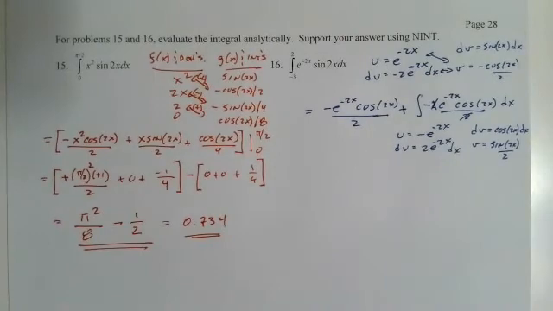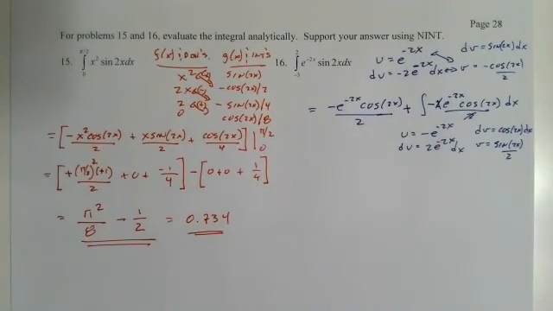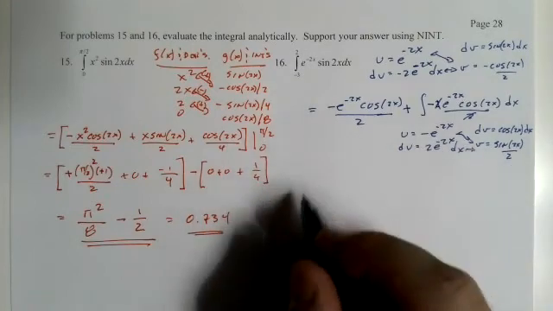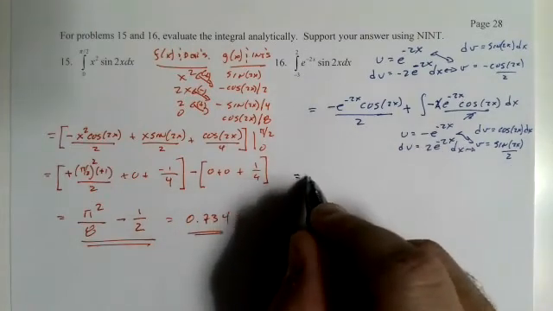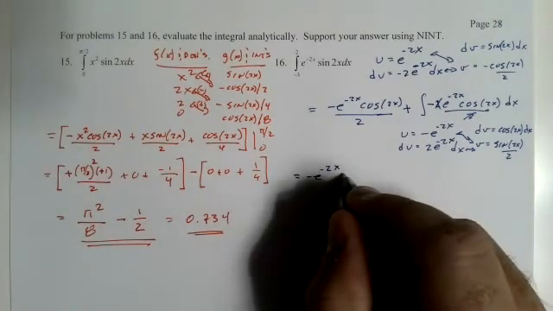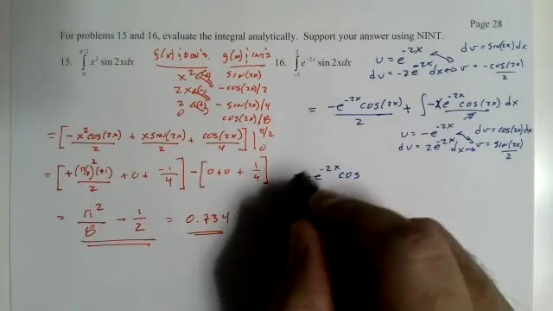Again, I'm off screen. Apologies. Don't forget this first part is still here. Negative e to the negative 2x cosine.